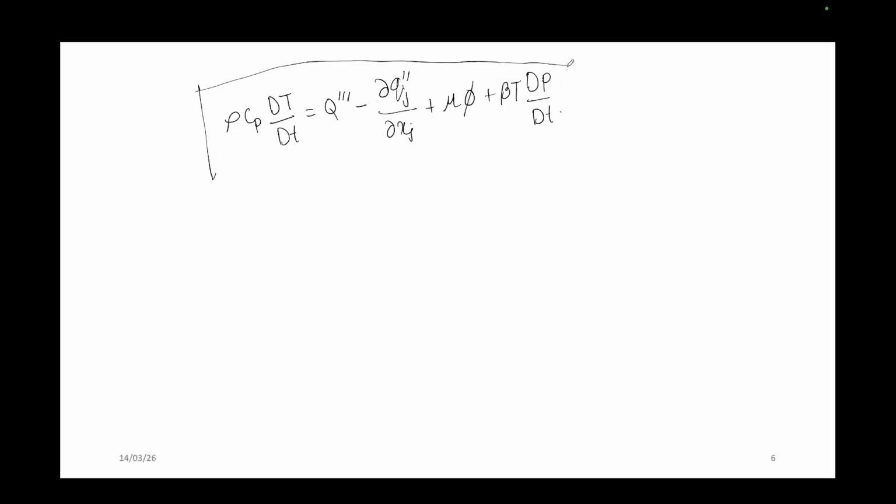This is the energy conservation equation, a very important equation. Whatever I have explained earlier is just a step to solve this.